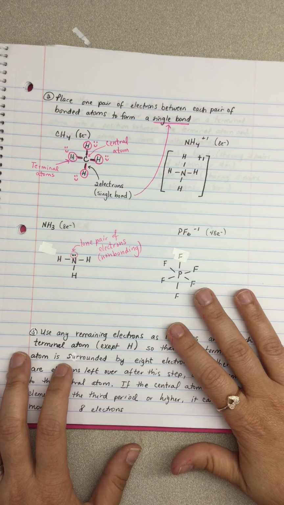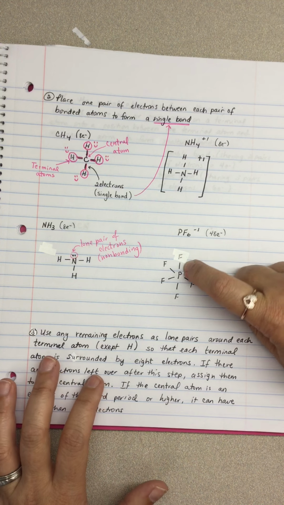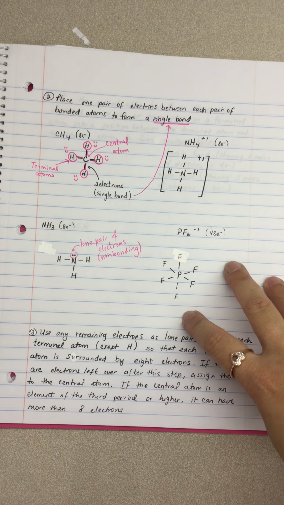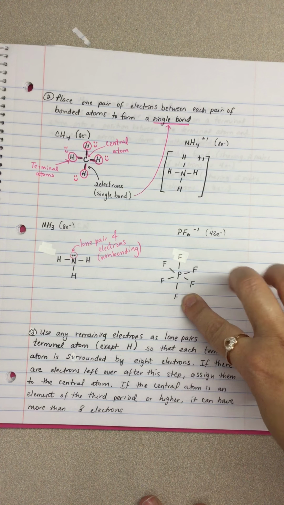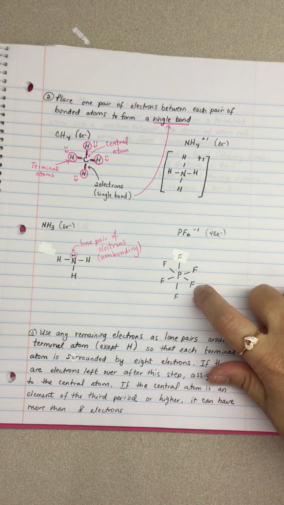If your terminal atom is hydrogen, once you form your bond between the terminal and the central atom, your hydrogen has the complete octet. But now you have something that is different from hydrogen, which means that your F needs to have an octet also.